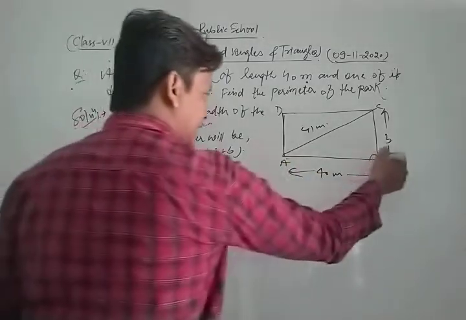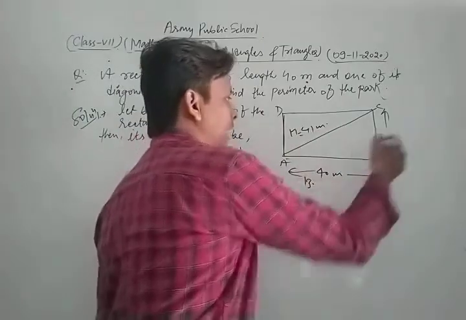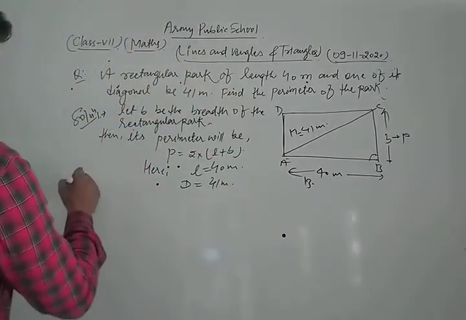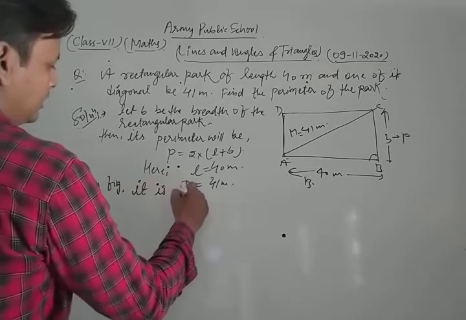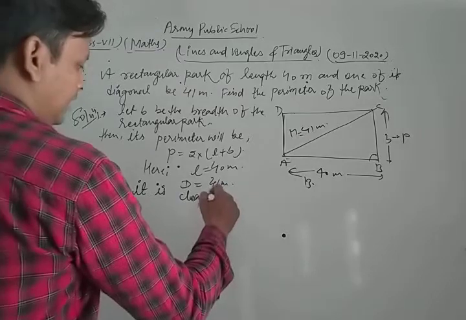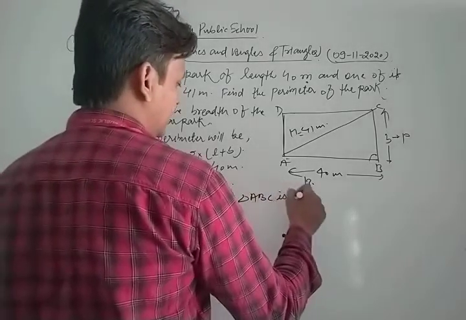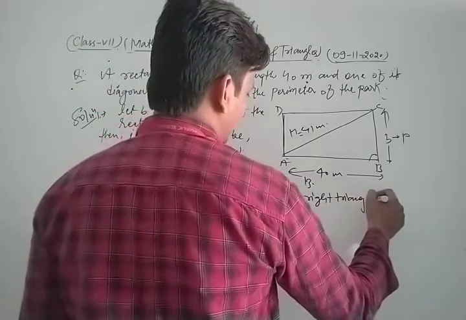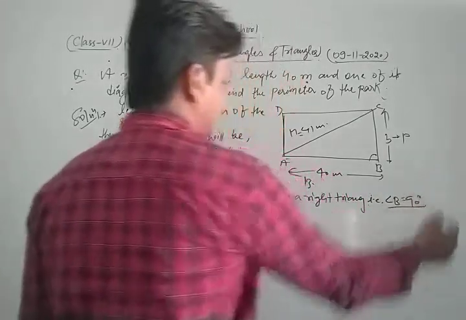Now, here triangle ABC is a right angle triangle in which this is your hypotenuse, this is your base, and this is your perpendicular. Okay. Now look, from the figure, it is clear that triangle ABC is a right triangle because the angle B is equal to 90 degree.